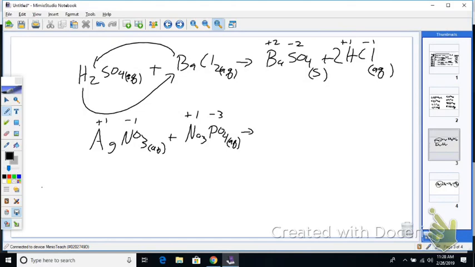Once you do that, then you need to determine which of the two products is a solid and which one's aqueous. So after you write the formula correctly, you'll have to determine which one's solid, which one's aqueous.